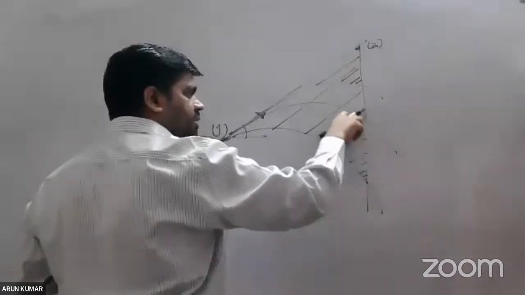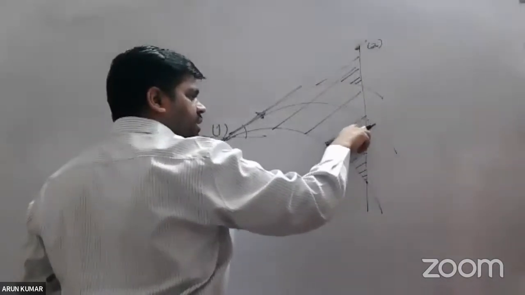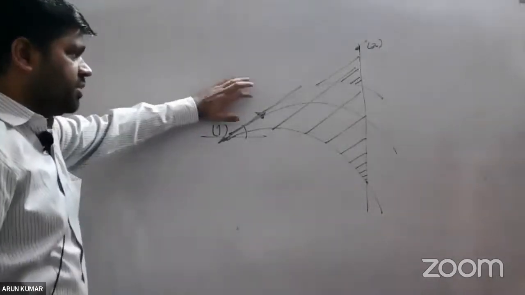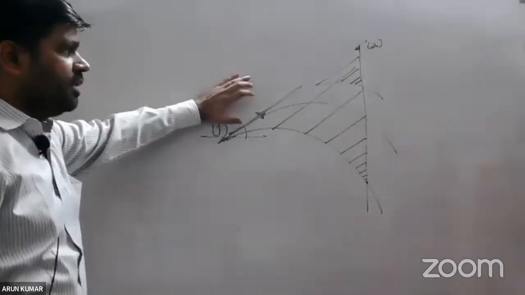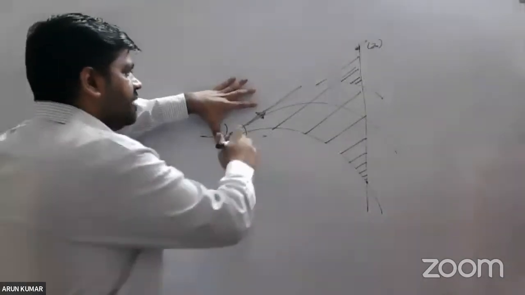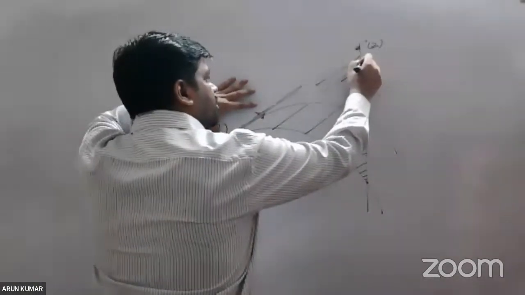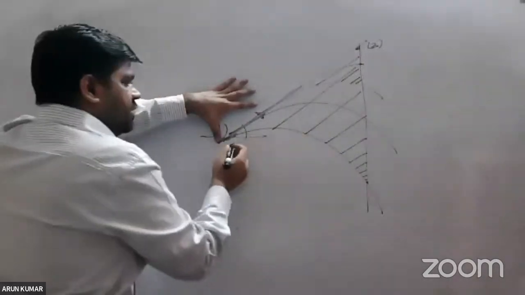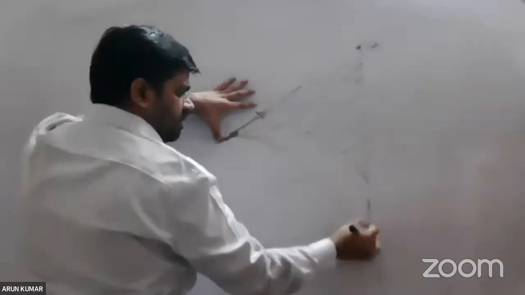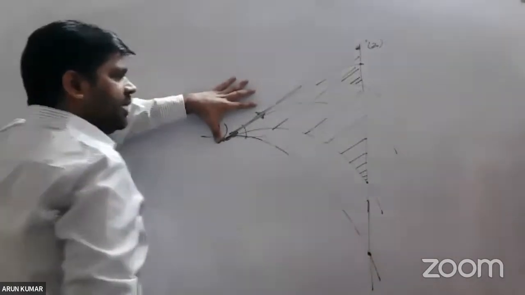This line remains parallel to itself, always. And they hit here. So I didn't give you any velocity, because irrespective of velocity, it is going to hit the particle. If the velocity is very high, it will hit somewhere here. If the velocity is very less, it will hit somewhere here. Definitely hit.